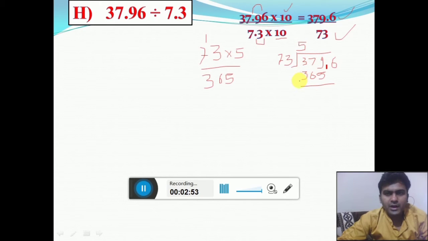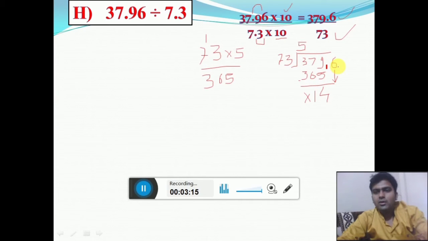Now subtract. 9 minus 5, you will get 4. 7 minus 6 equal to 1. 3 minus 3 equals 0. Now bring down the next number, that is 6.